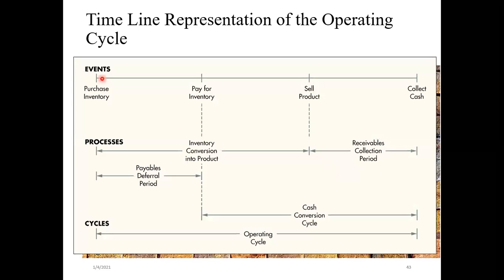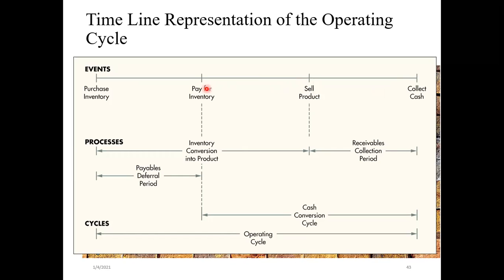You start to buy inventory, raw materials, and you keep the raw material, and you convert the raw material into finished goods, and you sell the finished goods and you collect cash, right?